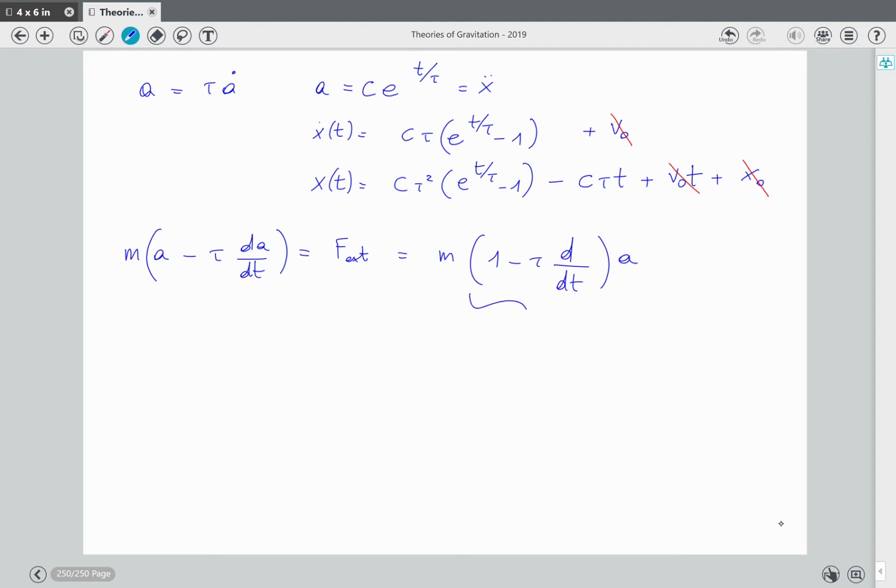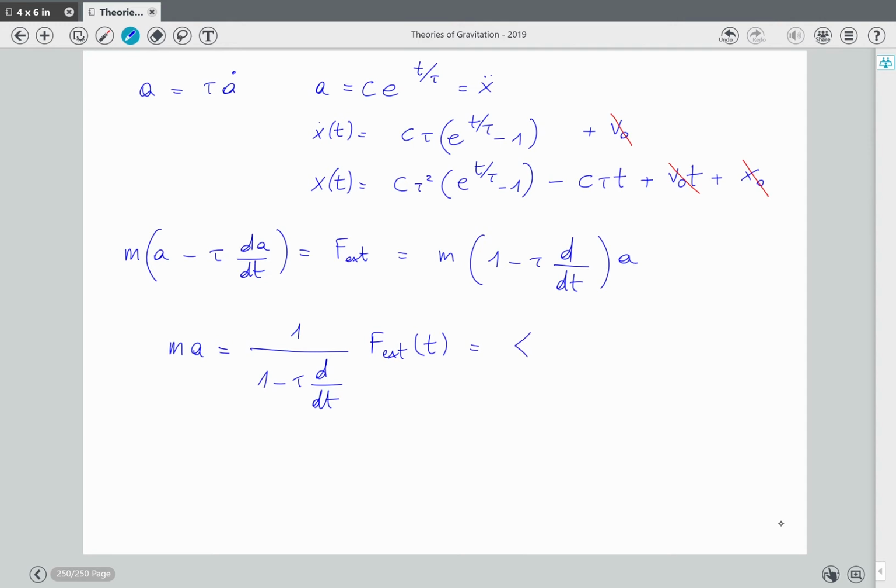And now take this operator and invert it, so you get m a is equal to 1 divided by 1 minus tau d over dt, times the external force.